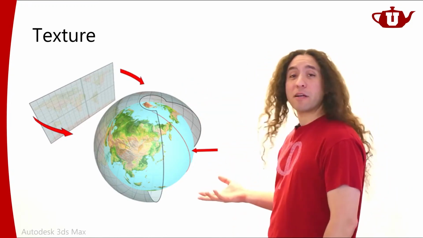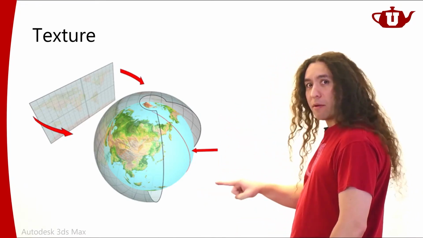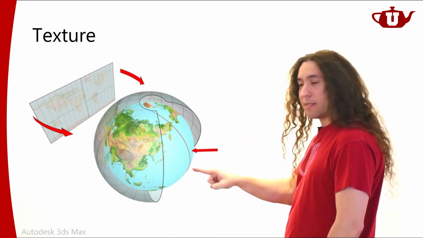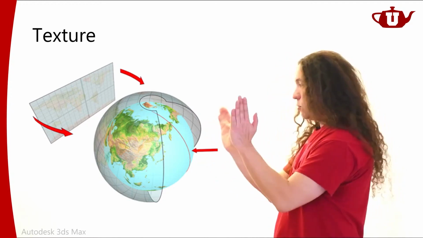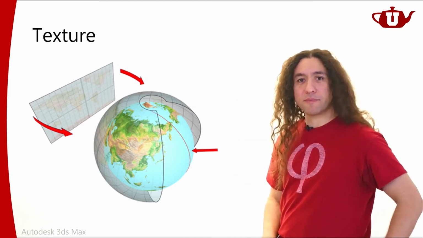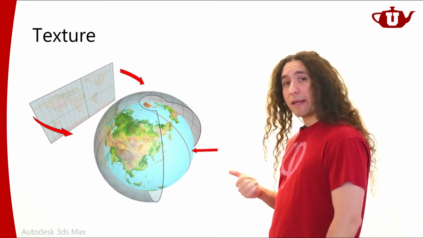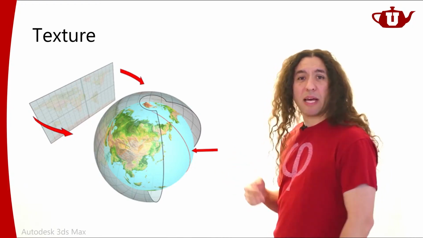So that would be spherical mapping. So there's going to be what we call a seam around here. You see that this is a seam where the two ends of the texture come together.